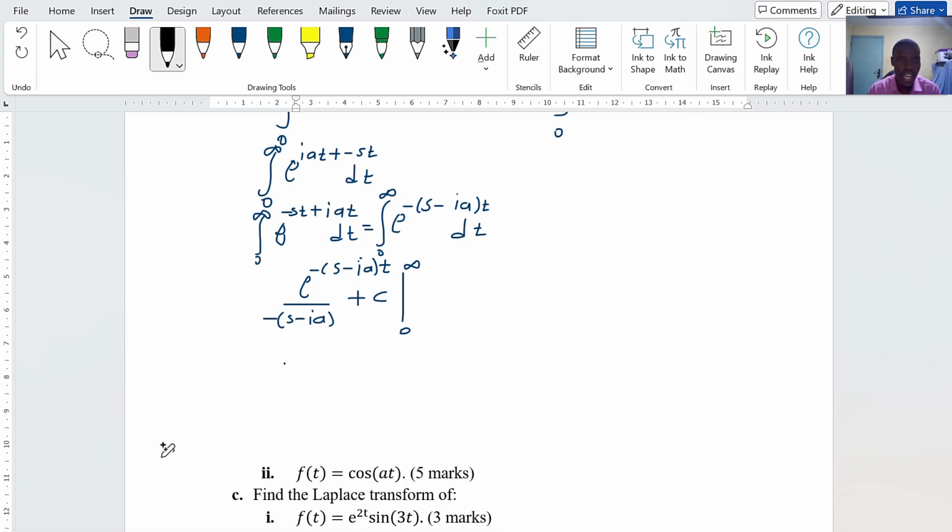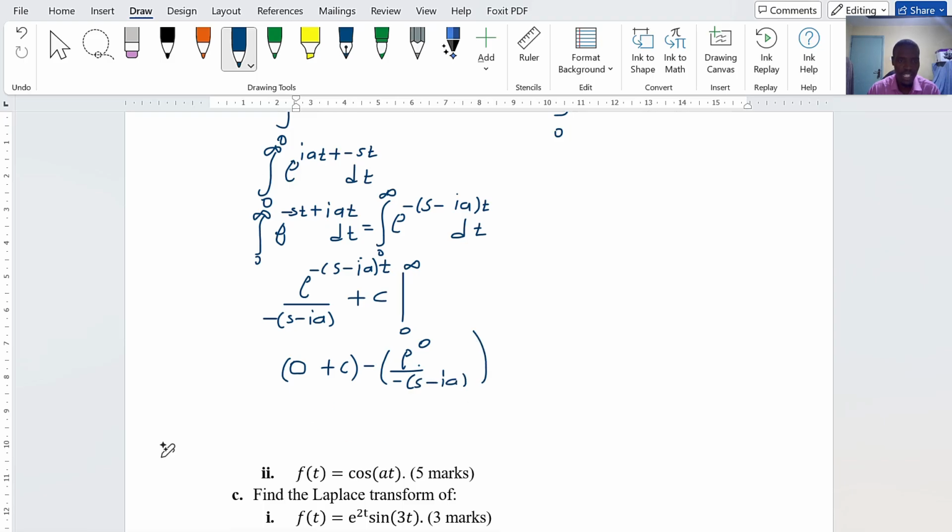When you substitute the higher limit, it is 0 plus c. We already did that. Then minus, when you substitute the lower limit, it is e^0 divided by negative (s minus ia).